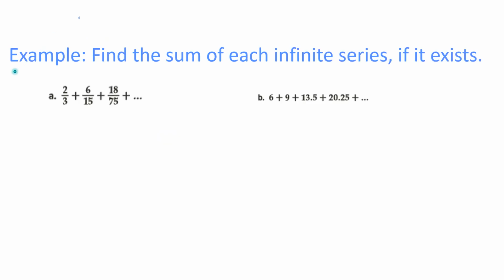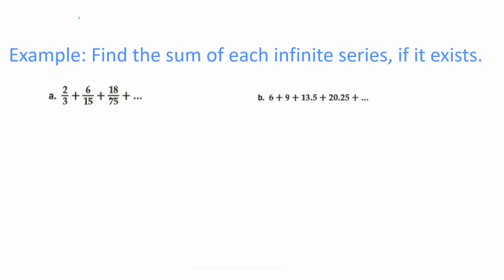Let us now look at an example where we want to find the sum of each infinite series if it exists. The first example is 2 over 3 plus 6 over 15 plus 18 over 75 plus so on.